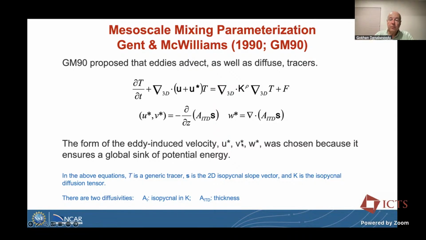In this form, it is divergence free, and it also ensures a global sink of potential energy, which is essentially trying to mimic what mesoscale eddies do. In this case, the model equations become like this. So in addition to the resolved Eulerian velocity component, you end up with an eddy-induced velocity component in addition to the diffusion along isopycnal surfaces.